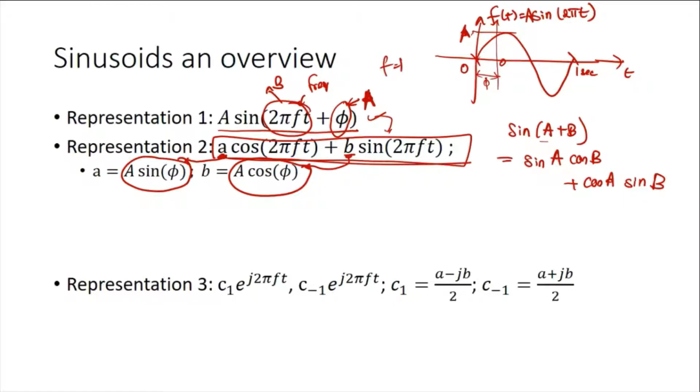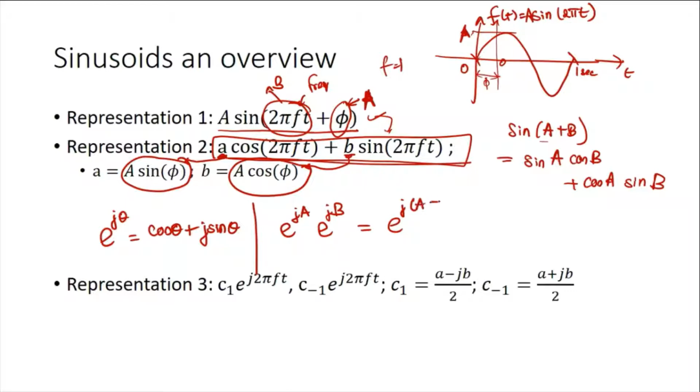So if you guys do not remember the trigonometric identities, I will give you a very easy way of remembering them. E power j theta is nothing but cos theta plus j sine theta. So now e power ja times e power jb equals e power j times a plus b, because just multiplication of product.